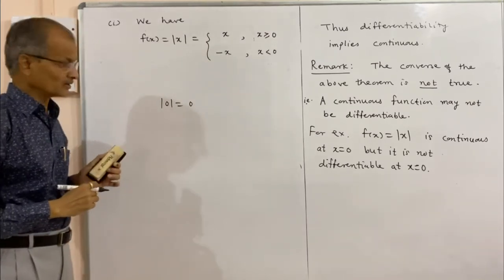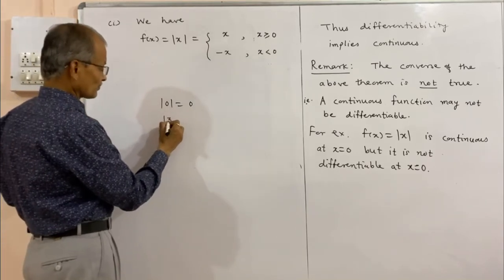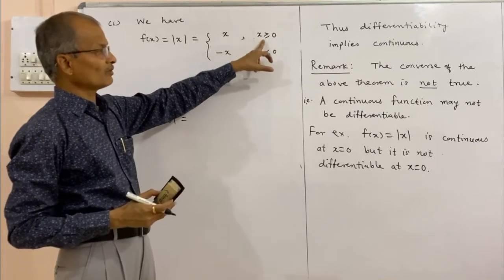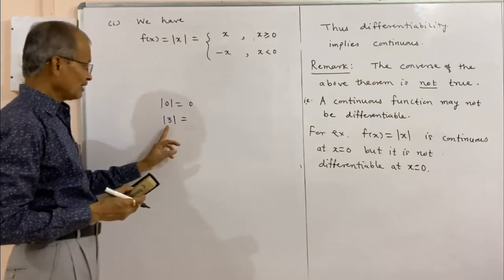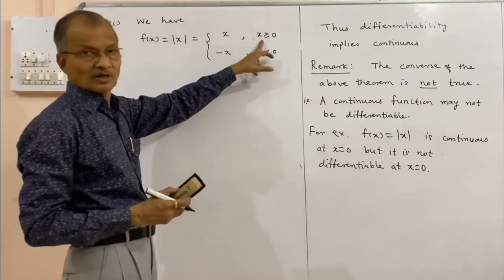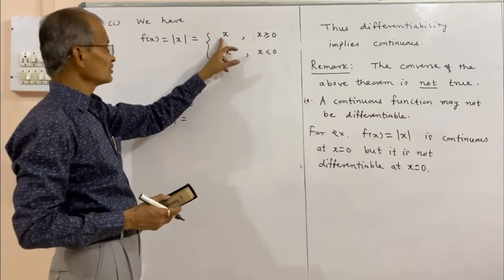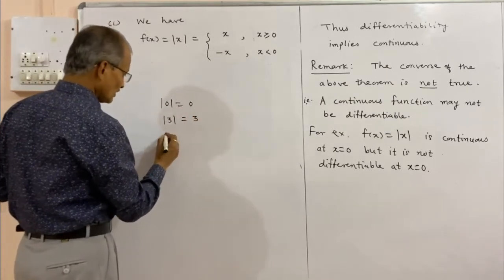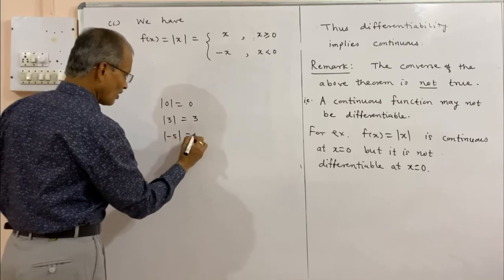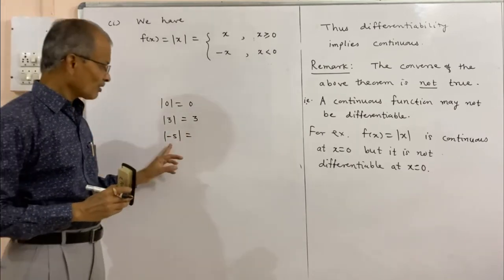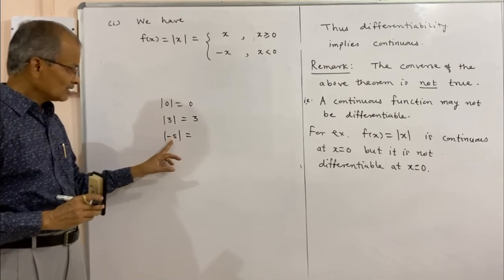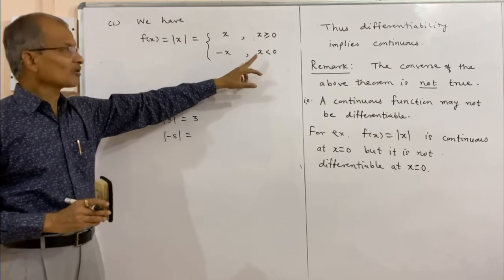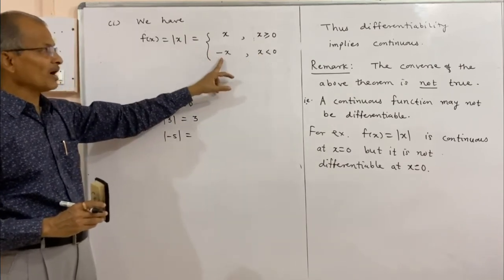If I consider mod of 3, we have to check whether 3 is greater than or equal to 0 or less than 0. 3 is greater than 0, so it lies in the first case, and it has the same value as x, which means it is 3. Now, if I consider mod of minus 5, minus 5 is negative, less than 0, and therefore we have to use the second definition. What is the second definition? Mod of x is equal to minus of x.